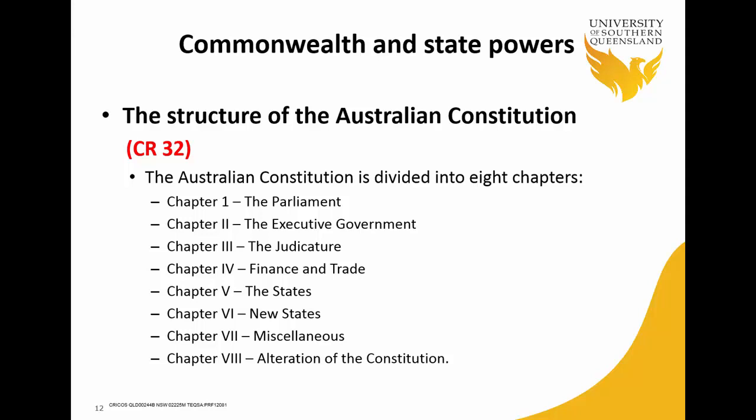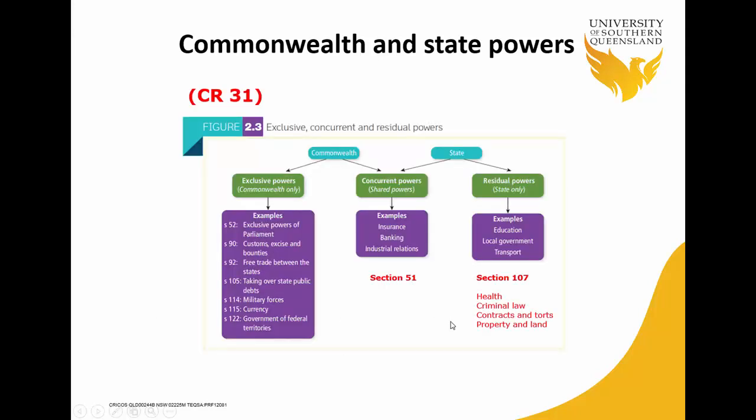And the key point I want to establish here, so you can have a look at that from page 32, what I want to talk about is this. So this Australian Constitution, the Commonwealth Constitution, established 3 different types of powers, some of which are exclusive to the Commonwealth.